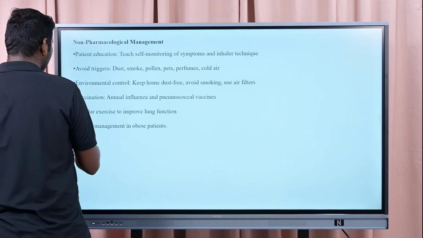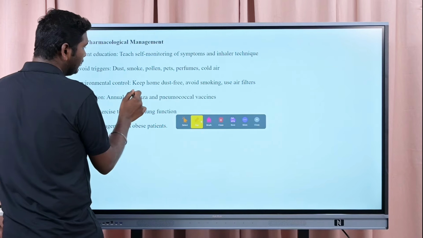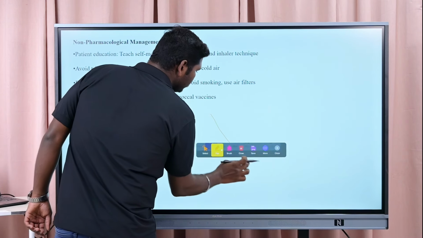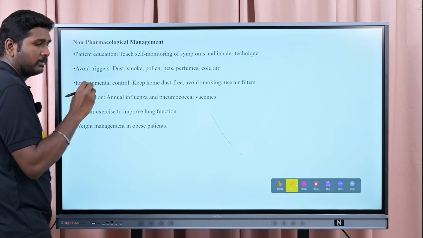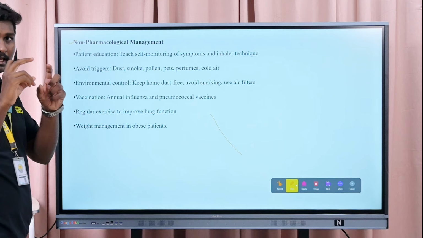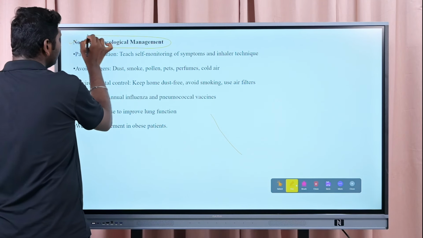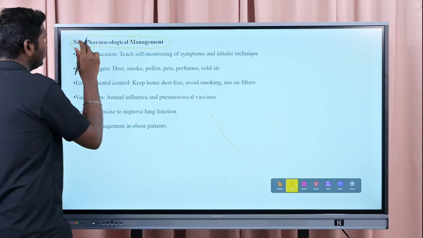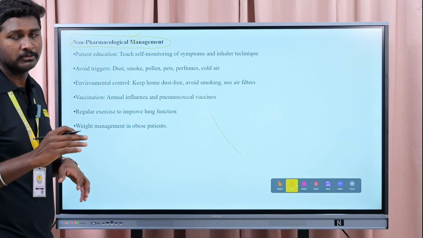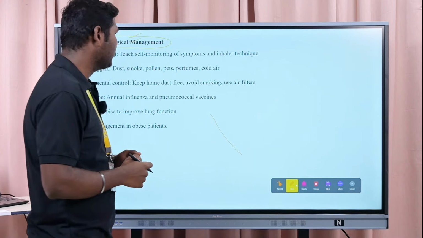So next is the non-pharmacological management. Always know one thing, whenever you're writing a management, as we discussed, you can divide it into non-pharmacological and pharmacological. The reason is, being a nurse, this is the most crucial part. First we complete the non-pharmacological management, then we go with the pharmacological management, which mainly deals with the drugs.